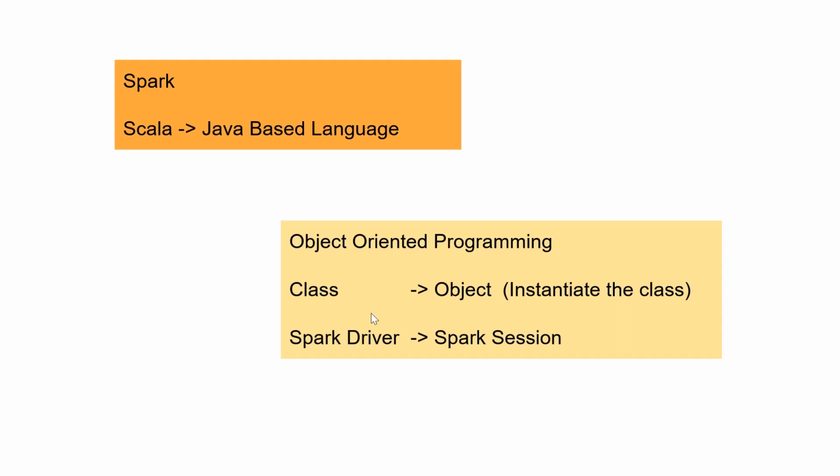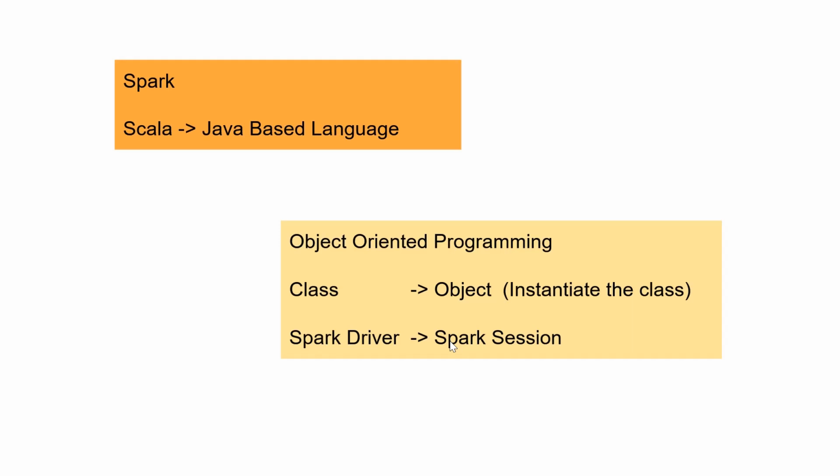If I relate it to the Spark driver, then the Spark driver is basically this class, the main program written in the Scala language. A Spark session is basically an object created from that class. So every time you create a Spark session, it is like creating a different object of that class.